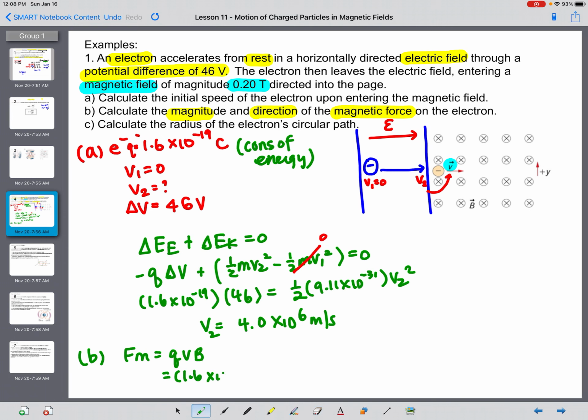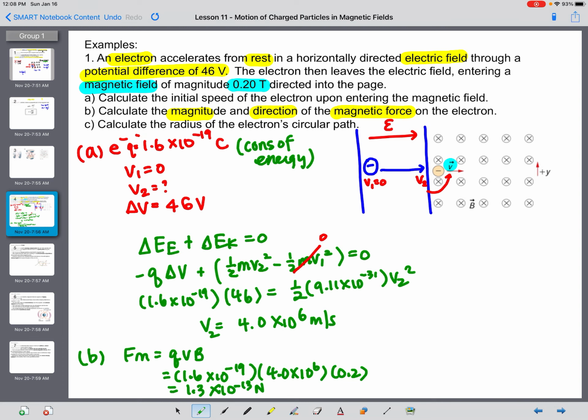The charge is 1.6, the speed when it enters the field is 4.0, the magnetic field is 0.2. So I got 1.3 times 10 to the negative 13 newtons.